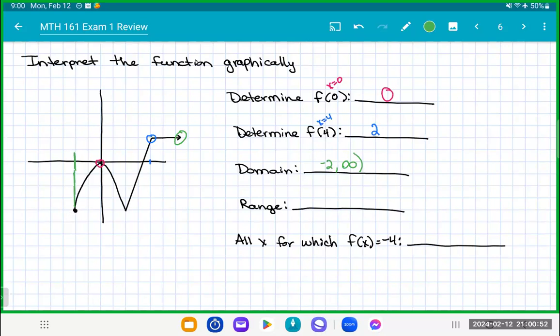And because that has a solid dot, -2 is part of the solution, so we put a bracket on it. If this had been a hollow dot, then that would have been a parenthesis saying that the -2 is not included in the domain.